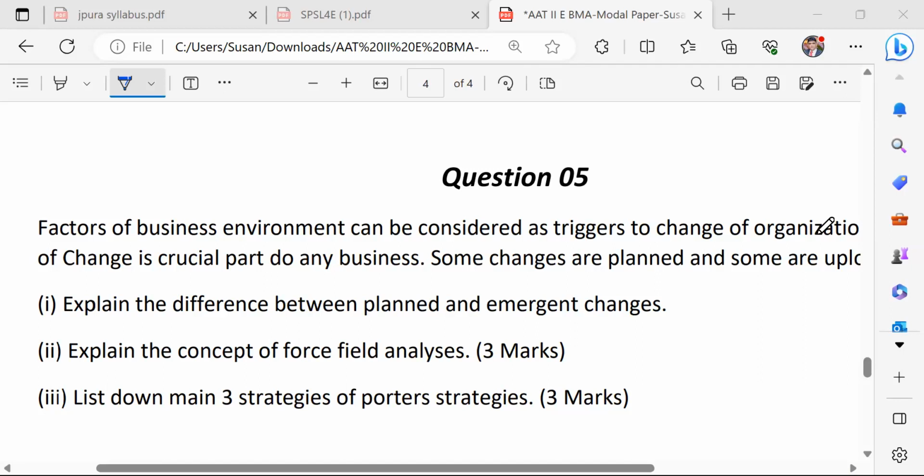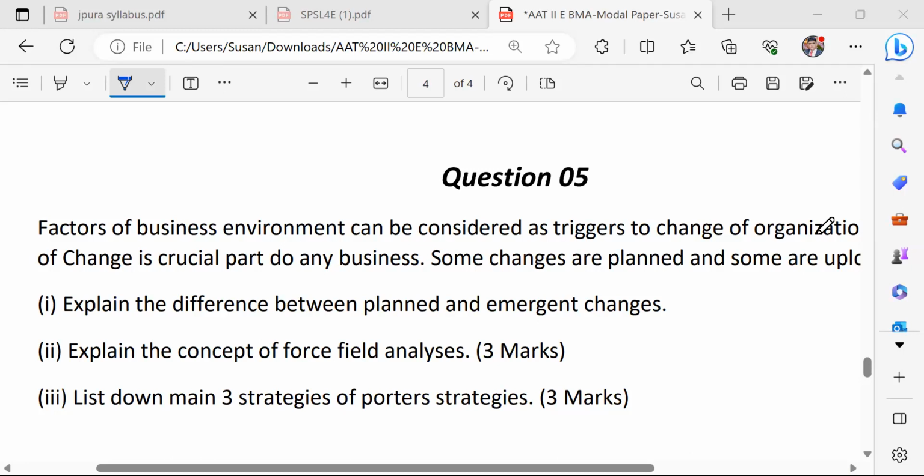Another one: if an organization has to change its business method because of the suddenly occurring pandemic situation, that is emergent change. In the COVID-19 period, organizations changed immediately. Those are known as emergent change.